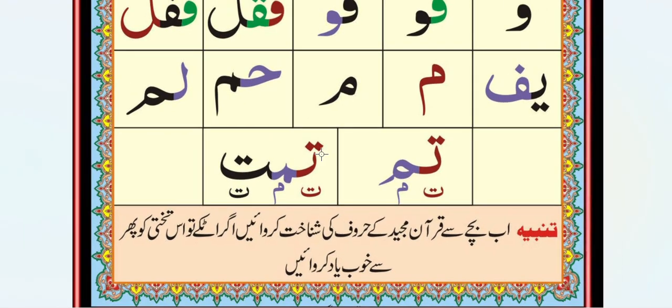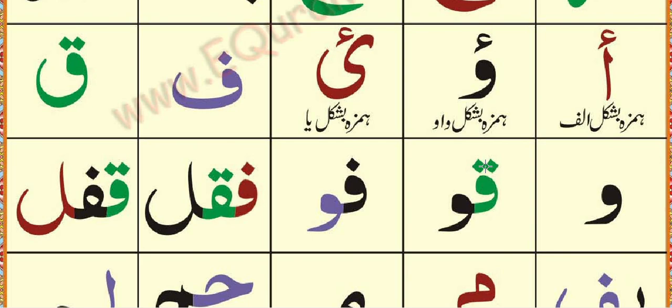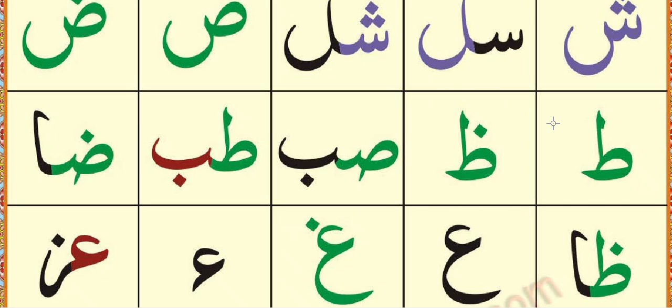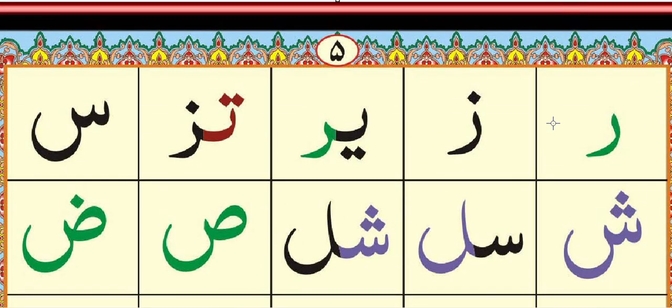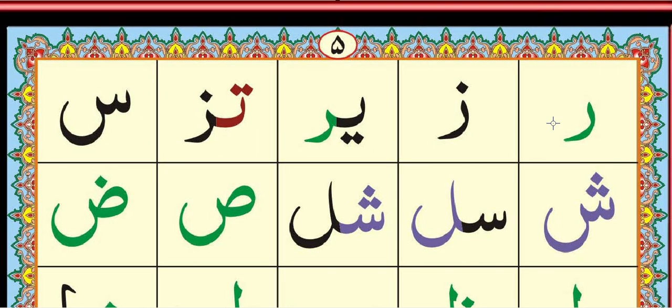So my dear, our lesson is now going to finish. We finished the whole alphabet, right? The shapes of the alphabet. If you understand the shapes, you will be able to recite in the next step. You will quickly pick up the next steps.